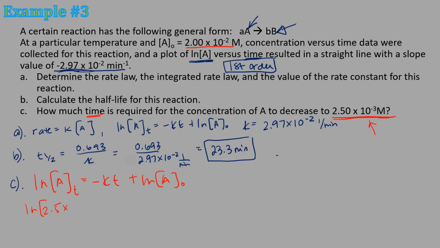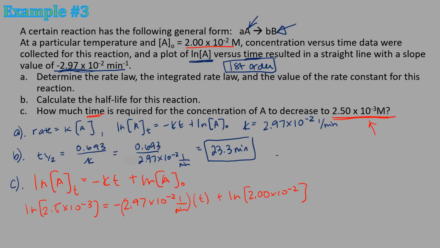So it'd be 2.5 times 10 to the negative third, and that's going to be equal to negative k, and the k is 2.97 times 10 to the negative 2 inverse minutes, and we're looking for time, plus the natural log of A naught, which is 2.00 times 10 to the negative 2 molar, right?